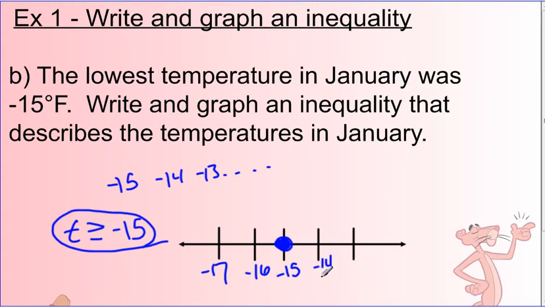Negative 14 is bigger, negative 13 is bigger, and think what happens if you keep going this way. You get negative 12, negative 11, 10, 9, then you finally get to 0, and then positive 1, positive 2, positive 3, positive 4. So those numbers going this way are bigger. These numbers going this way are smaller.